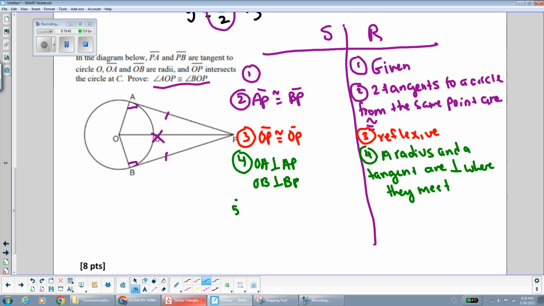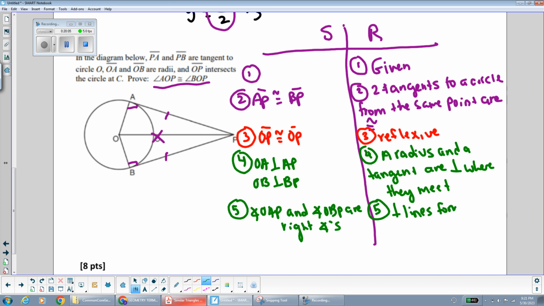And then from here, I can say that angle OAP and angle OBP are right angles. And that's because of the perpendicular lines I mentioned before, perpendicular lines form right angles.